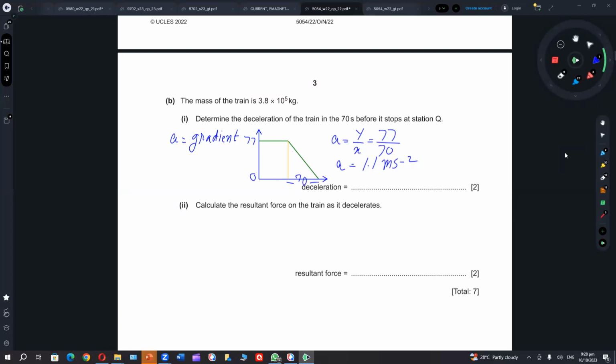Calculate the resultant force. We have the mass of the train. Now you have to see this.